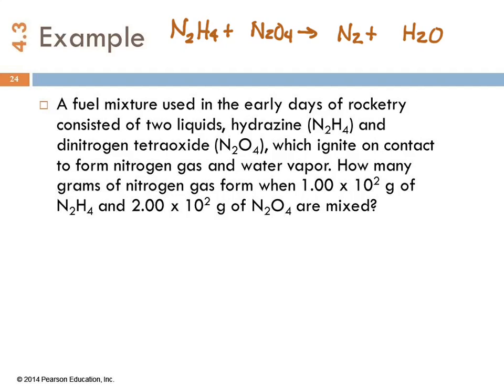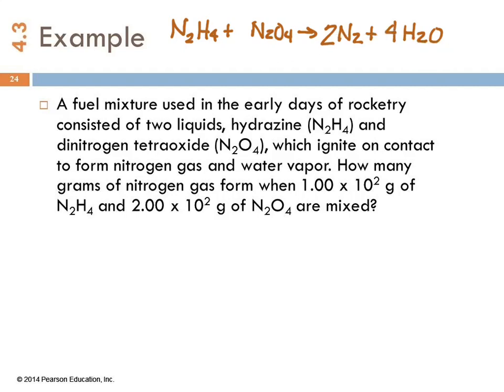And then we need to balance this equation. Yeah, this is a fun one. What element would you like to start with? Nitrogen? Okay, let's start with nitrogen. So we've got 2 and 2 is 4, and on the right side we only have 2. So if we put a 2 here, that'll take care of our nitrogens, right? And then we've got oxygen and hydrogen. Let's do oxygen. So over here we've got 4 oxygens, and here we've got 1.